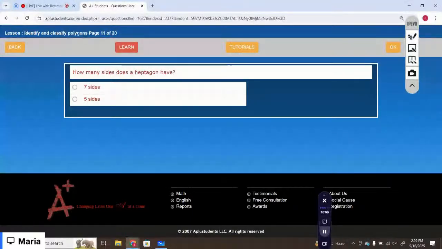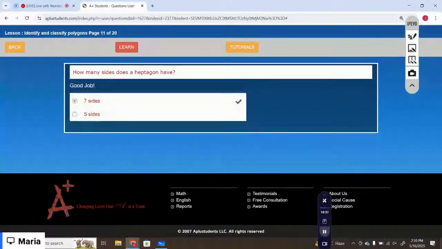How many sides does a heptagon have? The correct option is heptagon. Okay, you can complete the lesson by yourself later today.